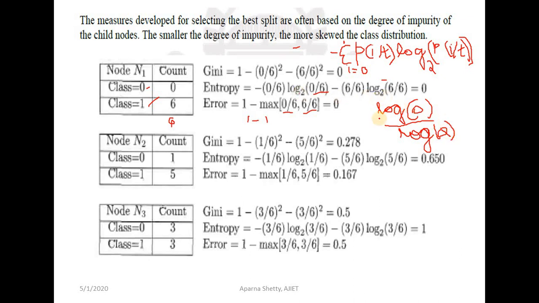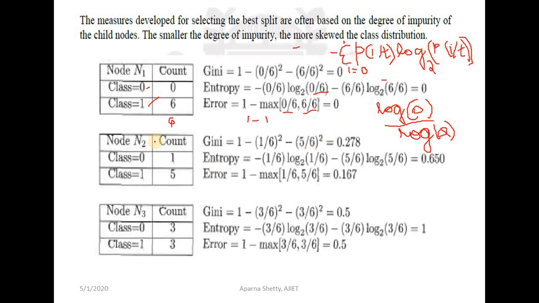So you have to calculate log 0 divided by log 2. Obviously the answer is 0. I'm just telling over here, because it is log to the base 2, whatever result you get, log of that result divided by log 2. That is how you are supposed to calculate.